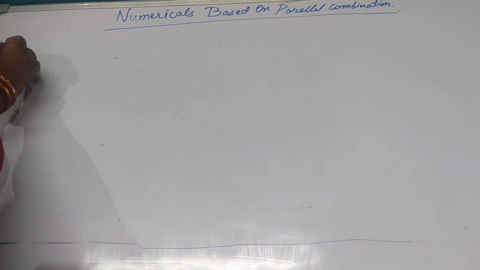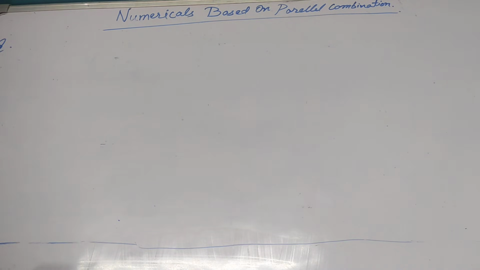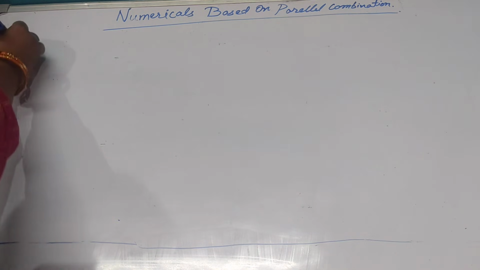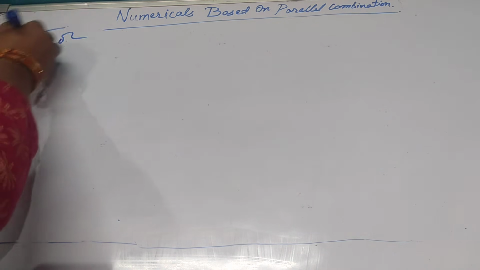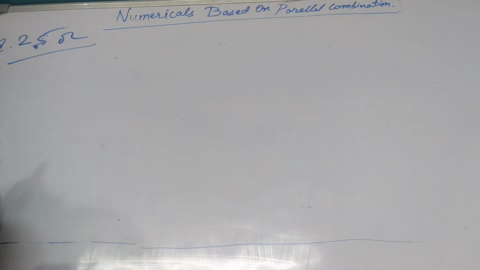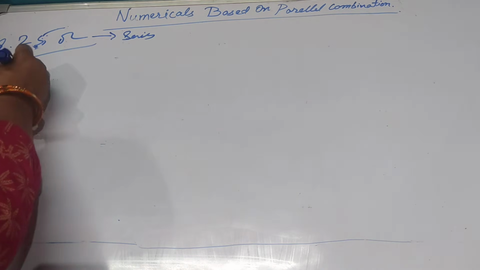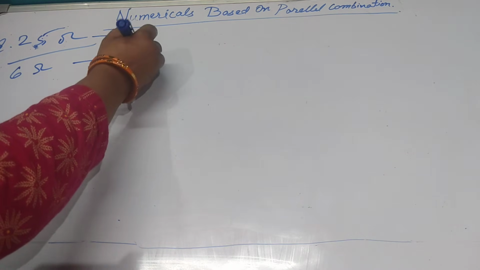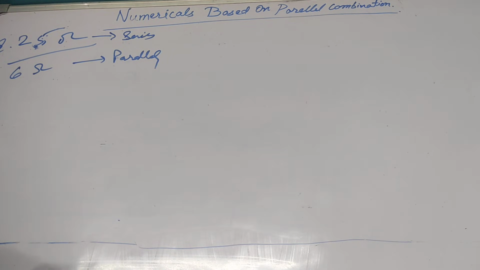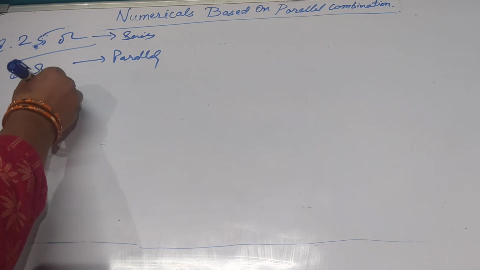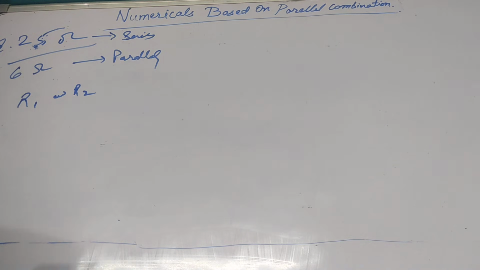The resistance of two coils is 25 ohm when these are connected in series, and 6 ohm when connected in parallel. Determine the individual resistance of the two coils. Okay, for R1 and R2, we have to find both.